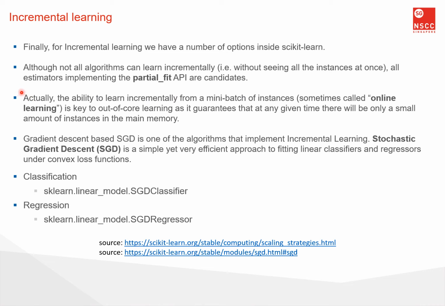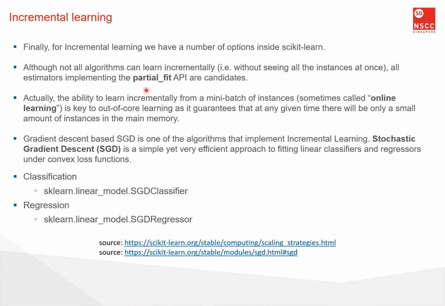All the scikit-learn estimators that implement the partial_fit API function are the ones that are able to learn incrementally. You can look in the reference below, where we list different incremental learners that implement the partial_fit function. Of course, you can also search for partial_fit within the scikit-learn documentation.